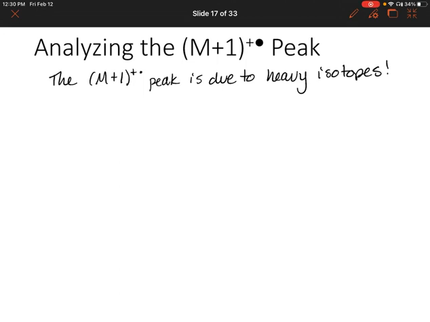Remember we saw that cluster of peaks, and then there was a little baby peak next to the tallest peak. That was our peak due to isotopes, which is the M+1 peak. And it's still considered a radical cation.